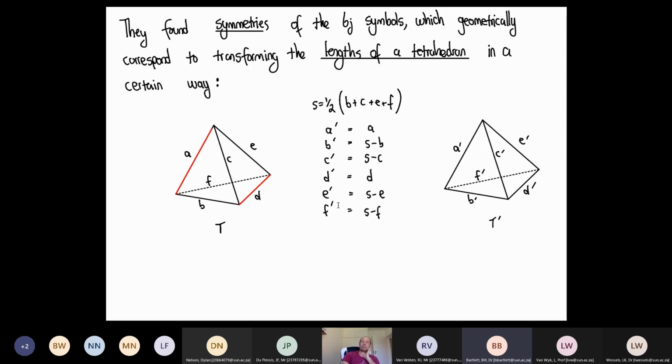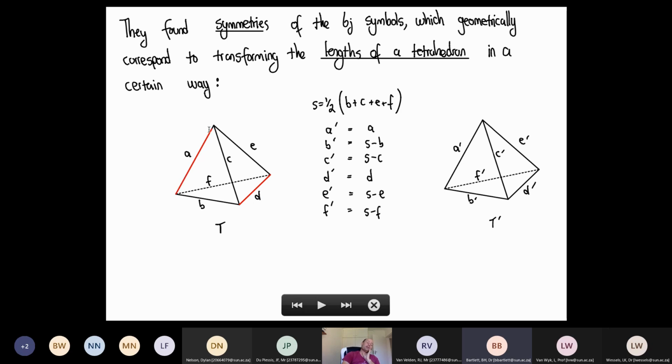And they actually found symmetries of the 6j symbols. When they translated this to what happens at the level of the tetrahedra, they showed that these symmetries of the 6j symbols geometrically correspond to transforming the lengths of a tetrahedron in a certain way. So here I've got a tetrahedron. It doesn't have to be a regular tetrahedron. All these lengths could be different.